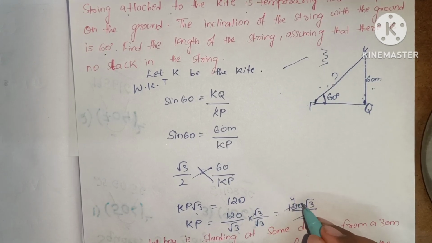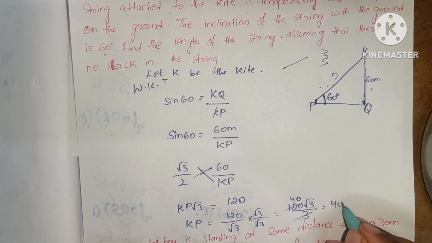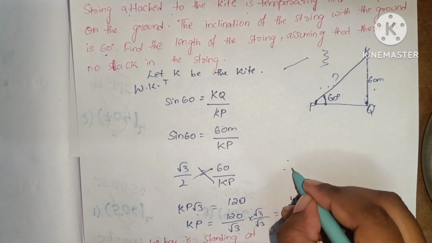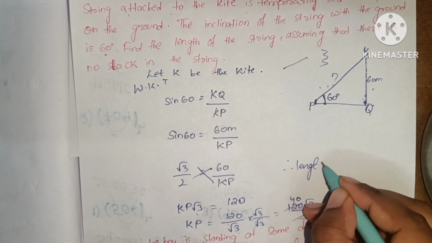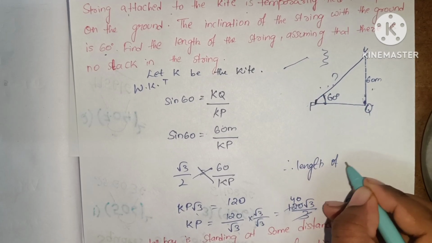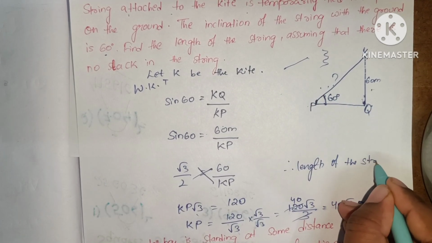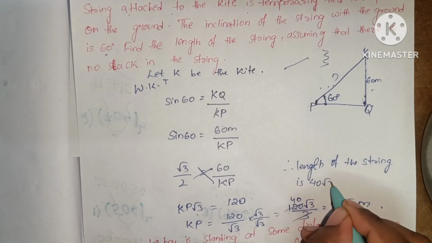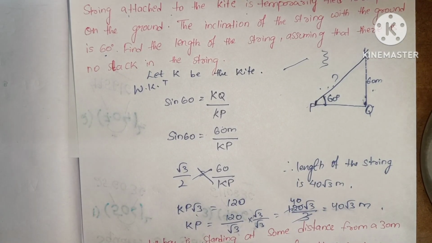If you cancel this, 3 fours are 12, 0. That means 40 root 3 meters. So the length of the string is 40 root 3 meters.